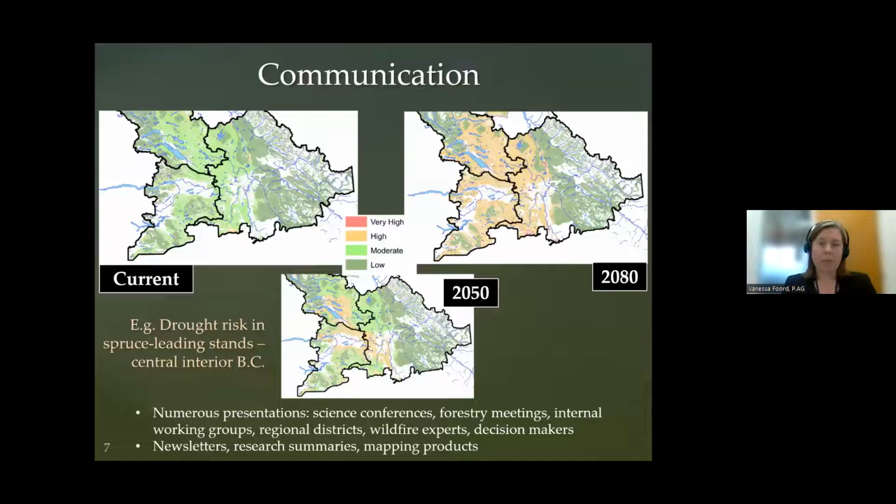And then the next step is really to communicate. I didn't really realize at the time how important this step is. So we've put a lot of effort into communicating our results. In the plenary yesterday, for those of you who attended, there were some good tips on how the use of really good visuals are important for communicating science results to decision makers.